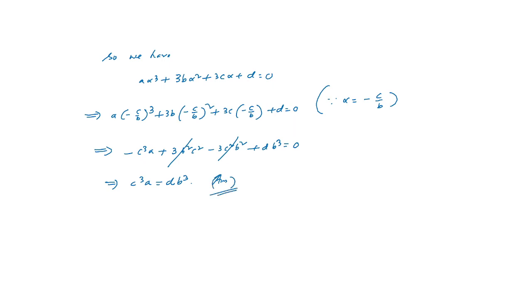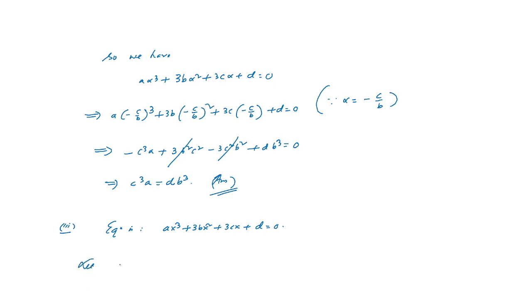Now we come to the third problem. What is given? The roots are in harmonic progression. Here the equation is ax cube plus 3bx square plus 3cx plus d equals 0.